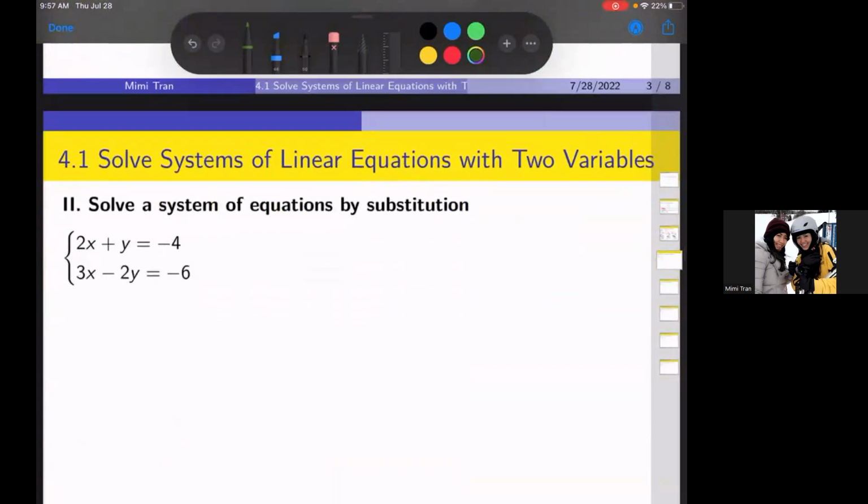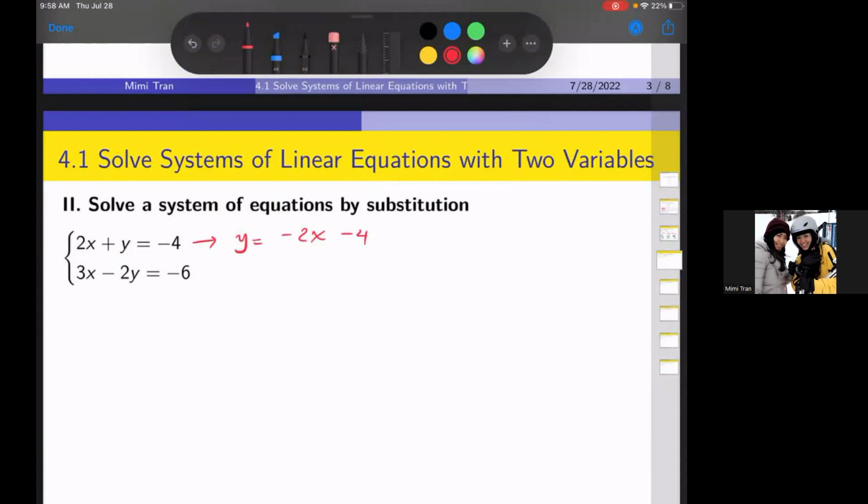All right, solving a system of equations by substitution. Like the name suggests, substitution means you substitute something into something, right? Let me show you the first one. If I was you, I would want to substitute y, right? Because I see y all by itself here. The coefficient is 1, which is perfect when you solve for y. So let's solve for y for this one. y equals negative 2x minus 4, right?